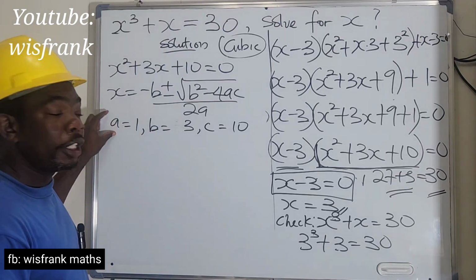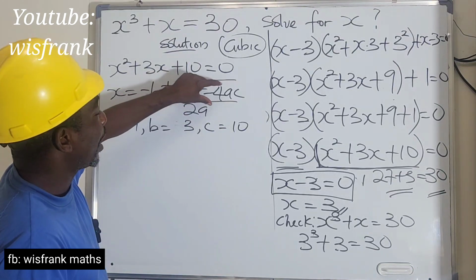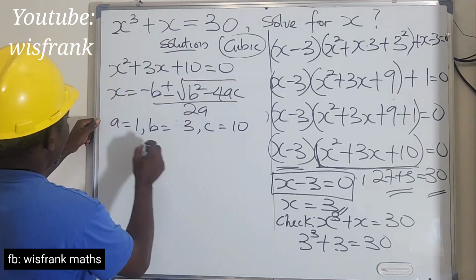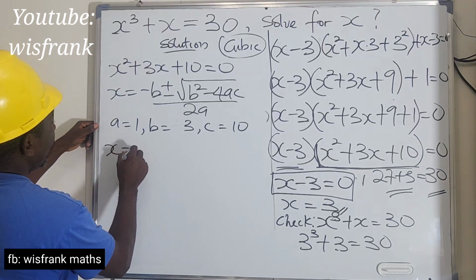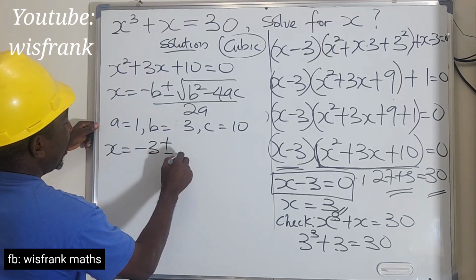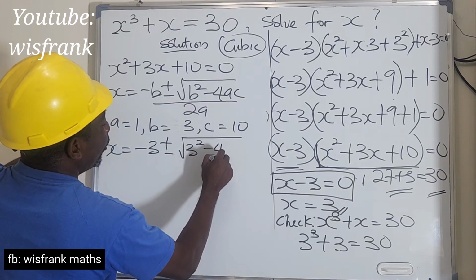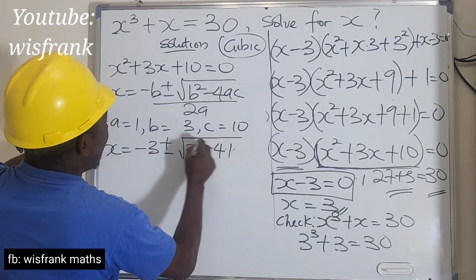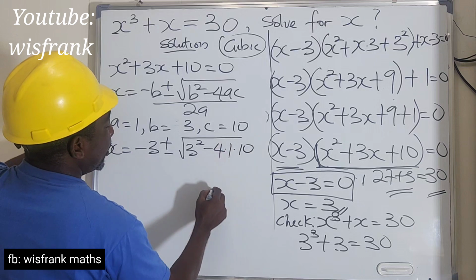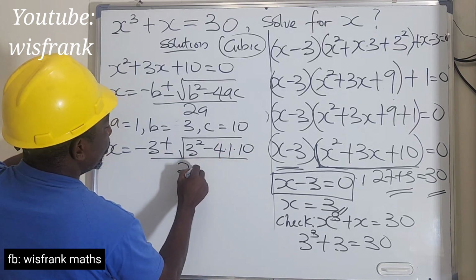So we are going to substitute these parameters into the quadratic formula. So it becomes x = (-3 ± √(3² - 4 × 1 × 10)) / (2 × 1).